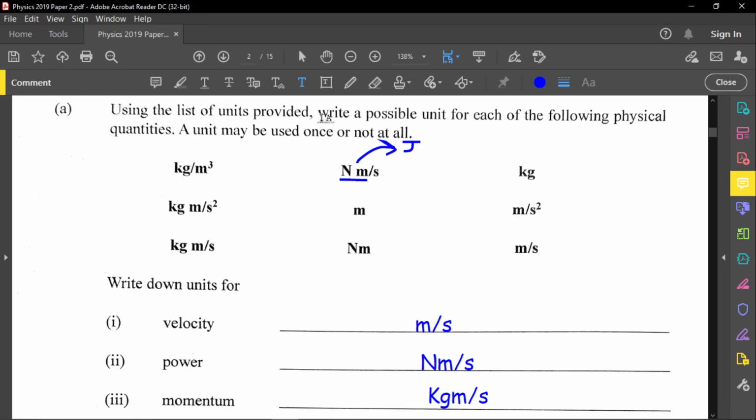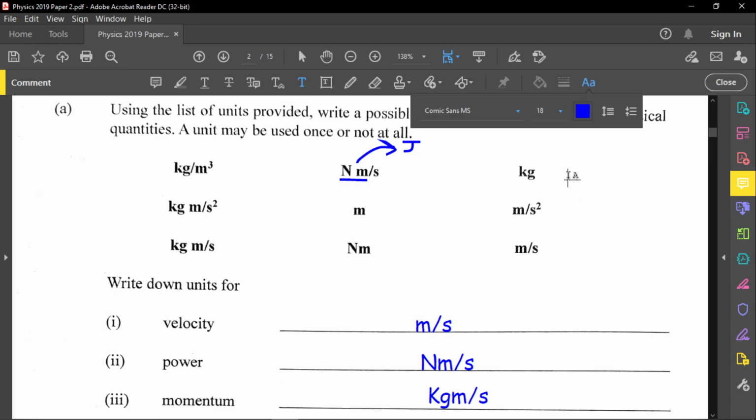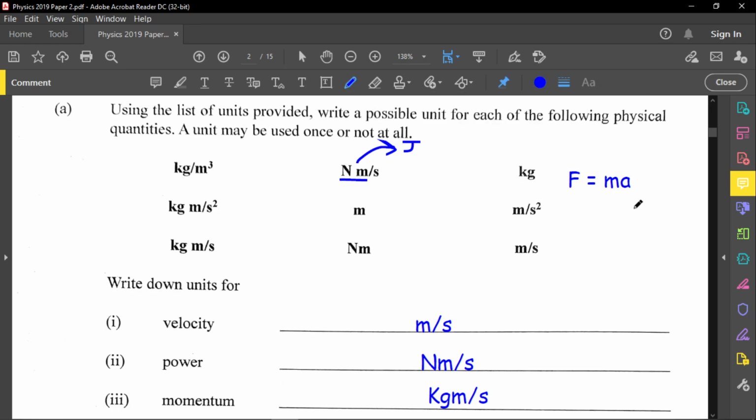But let's remember what force is equal to. Force is equal to mass times acceleration, right? Remember that? Force is equal to mass times acceleration. Now remember that mass, again, is measured in kilograms. So let's put kg right here.